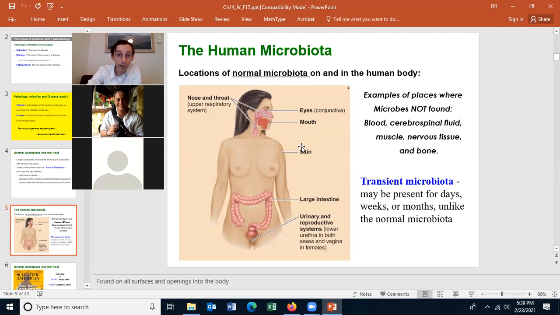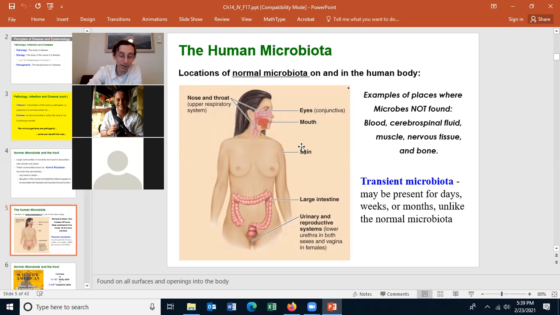The normal microbiota generally colonizes the patient for the life of that patient. Shortly after I was born, I got Staphylococcus epidermidis on my skin, probably from the doctor or my parents who handled me. That's normal.